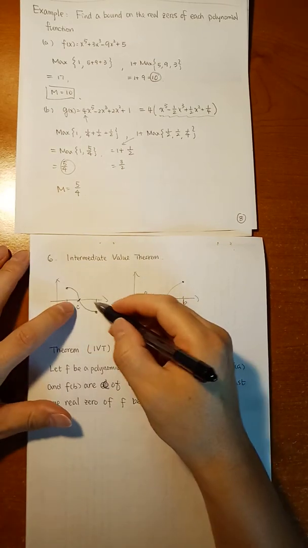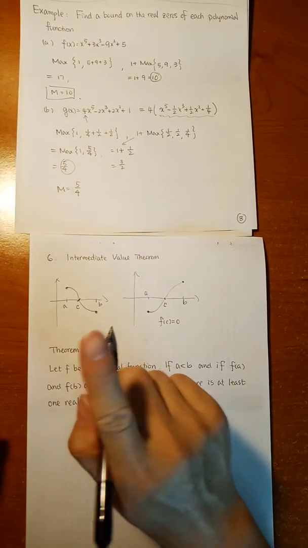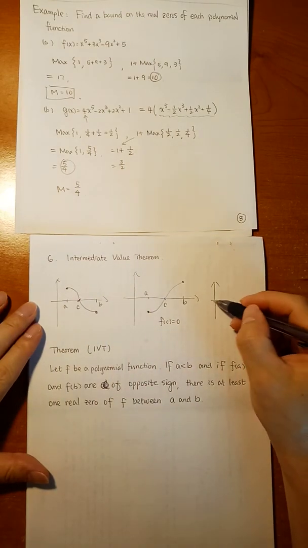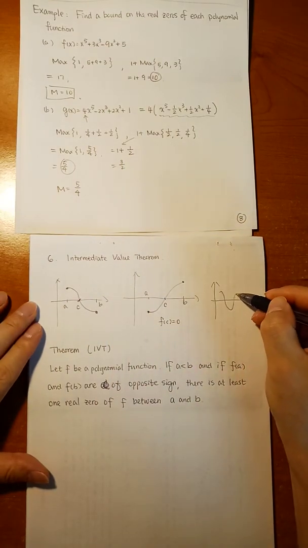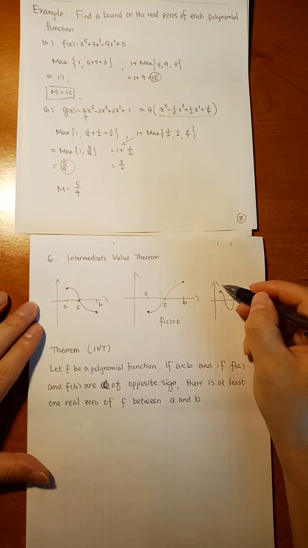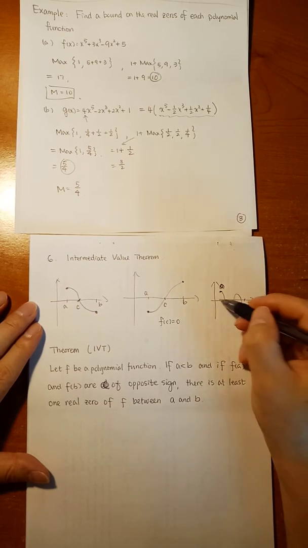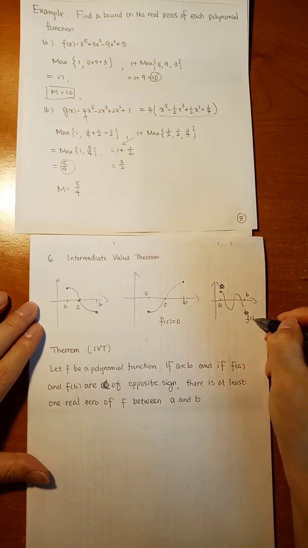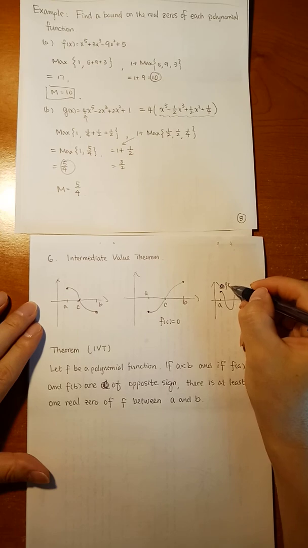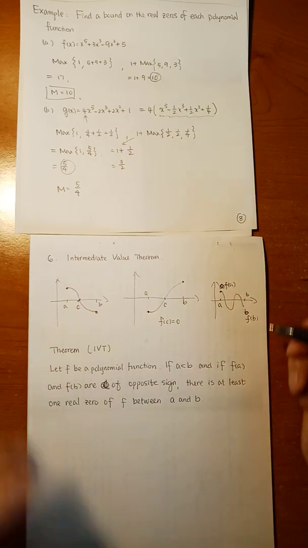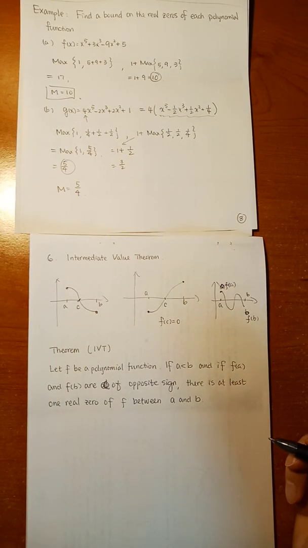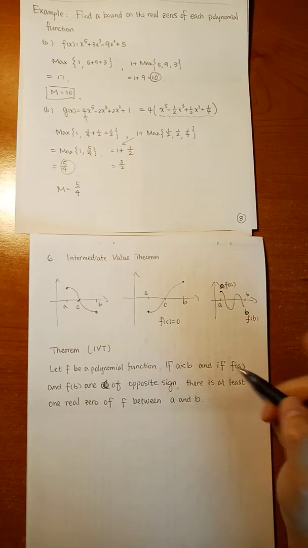So basically you have to cross the x-axis once. You may cross it many times. For example, here you cross it 3 times. Oh, sorry, this is not a, b. Here's a, b. This is f(b). This is f(a). So at least once.